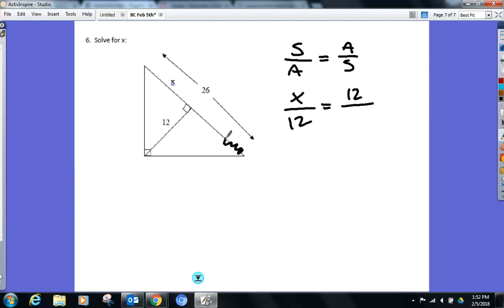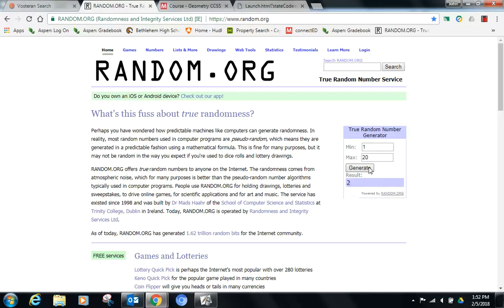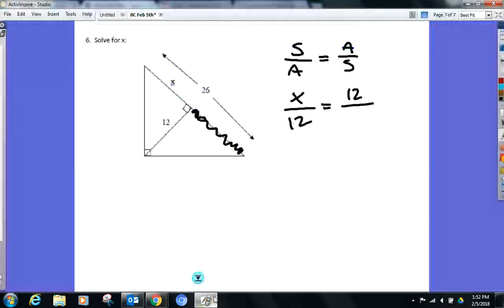I'm interested in what you call the other segment because you don't want it to be another variable. 2. Good. The whole hypotenuse is 26. That part's x, so that's got to be 26 minus x. Nice job. All right, now when you cross multiplied, you do have 144, 26x minus x squared.